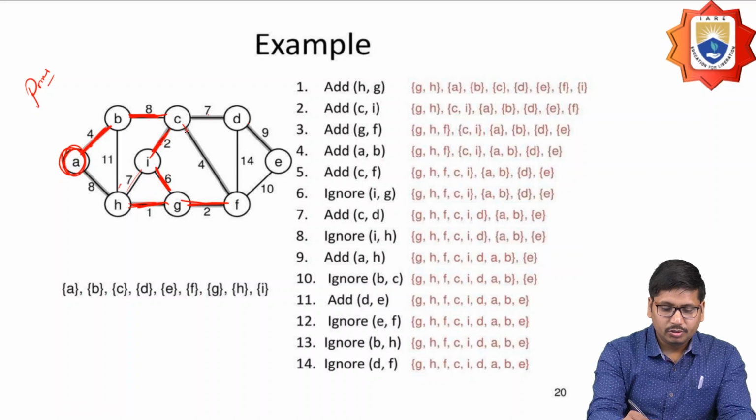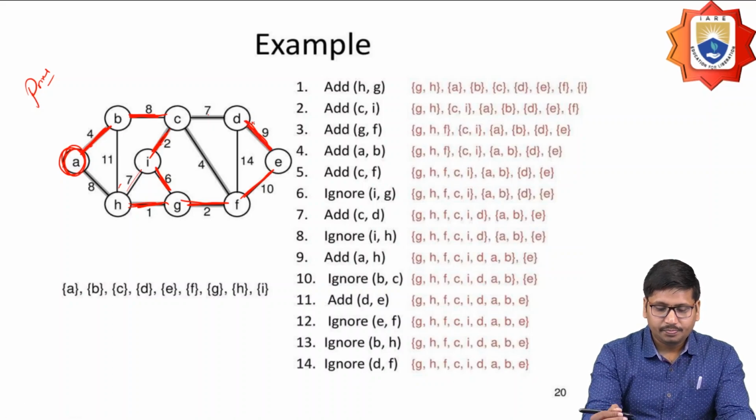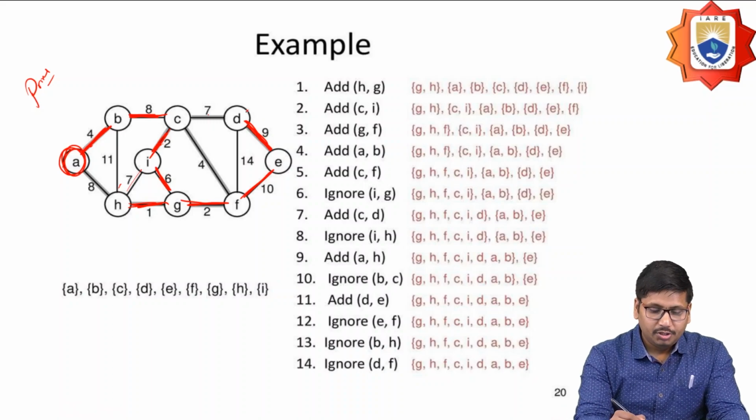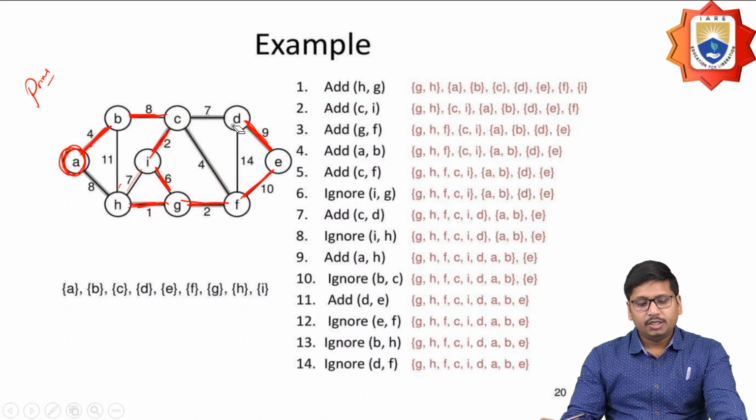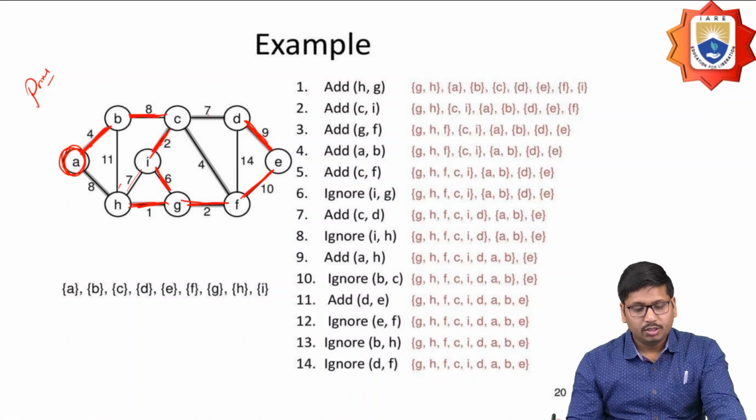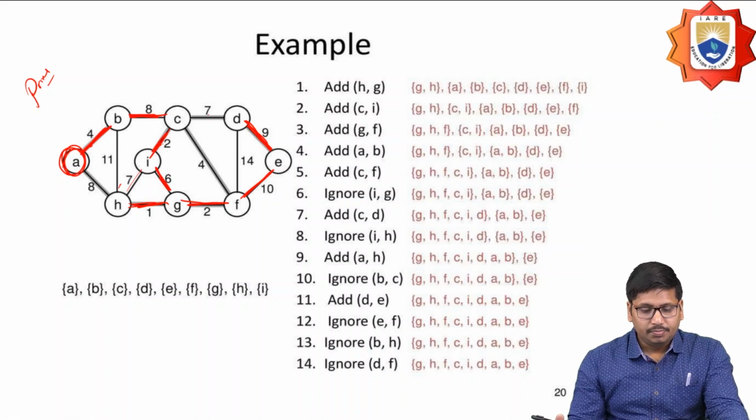From this, 4 will not be considered, as it is going to form a cycle, so that's why I'm going to consider 10. And from here to 9. And this one should not form a cycle. So this should be the resultant graph according to Prim's algorithm.